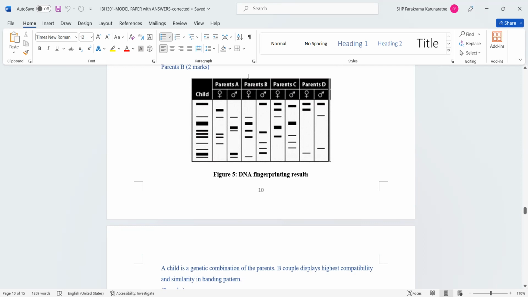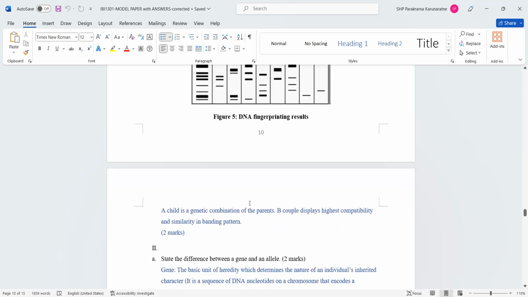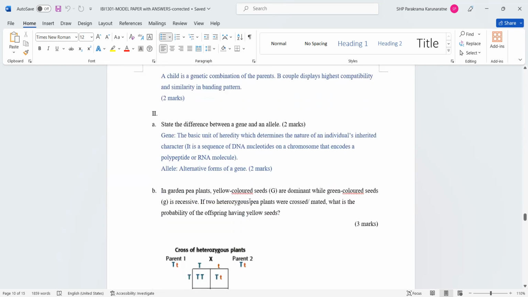So instead of a child and parents, if you are asked to compare different species A, B, C, D, and asked which ones are more closely similar, then you can see the similarity according to the banding pattern, right? So the banding pattern is important, right?